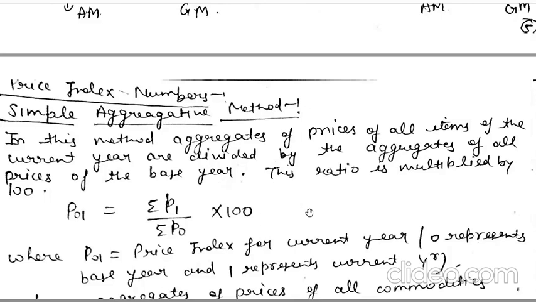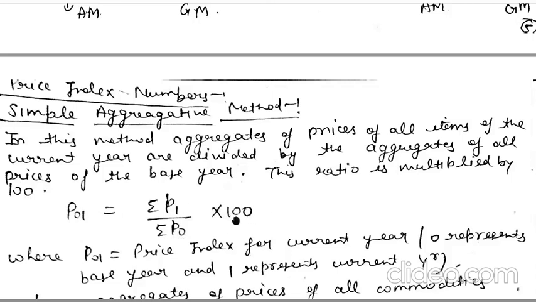This ratio is multiplied by 100. P01, right? If zero is your base year, then one will be your current year. So P01 is equal to summation P1 upon summation P0, into 100, right?